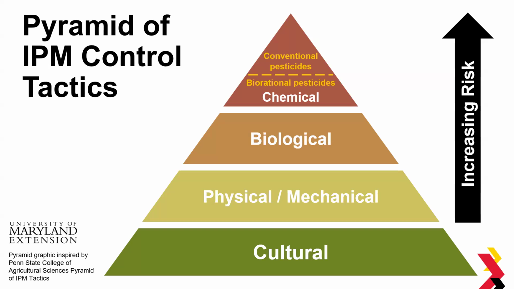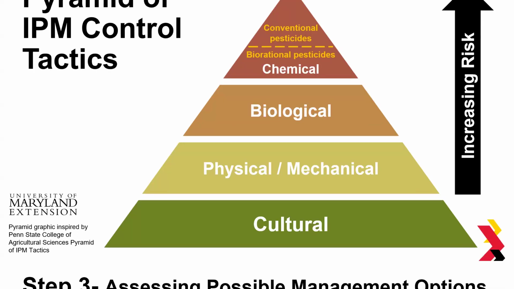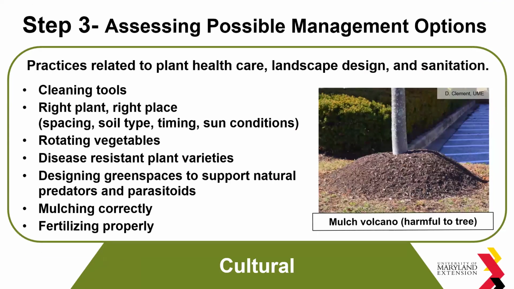So let's go through some examples of all these different categories. We have our cultural, physical, mechanical, biological, and then our chemical controls. Cultural controls can be things like cleaning our tools, making sure we're planting our plant in the right place so it can thrive based on sun, soil, and water availability.